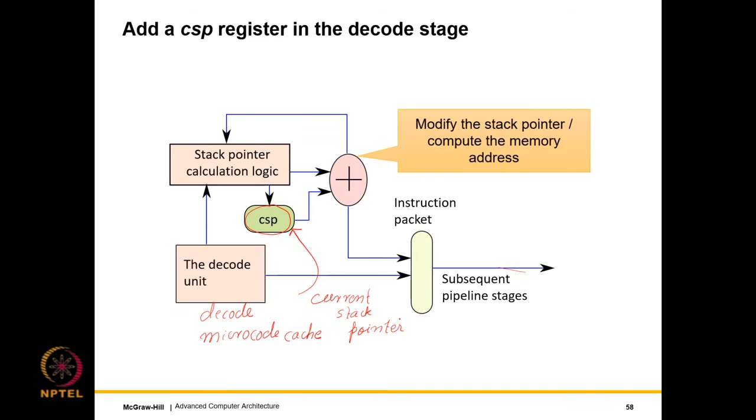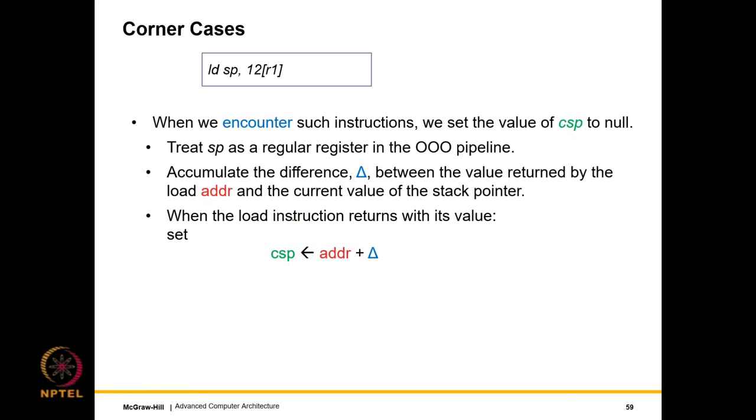They are used roughly in the same way. So that's the reason it is good to have a CSP register right here in the decode stage, such that the rest of the pipeline does not have to bother with processing these instructions.